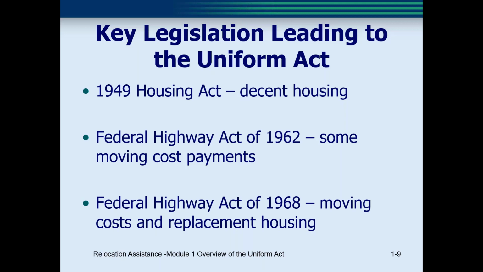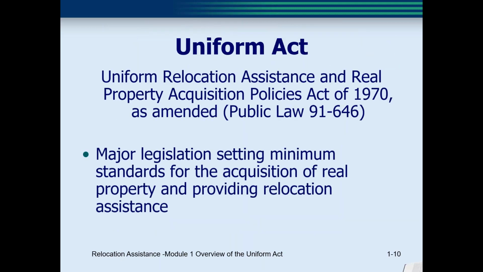So the Federal Highway Act of 1968 provided assistance in purchasing replacement housing. However, it was only applicable to highway projects. So by the end of the 1960s, Congress began to recognize the increased burden that the highways and other public improvement projects were placing on the displaced property owners and the tenants.